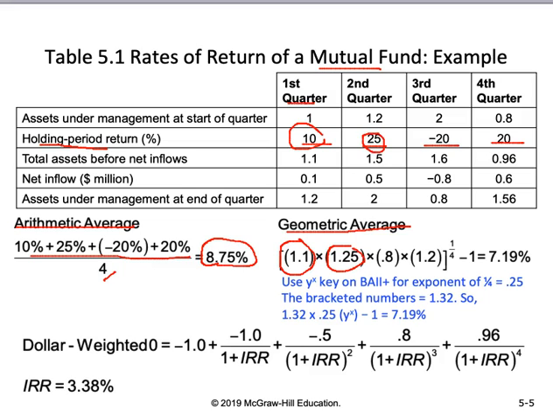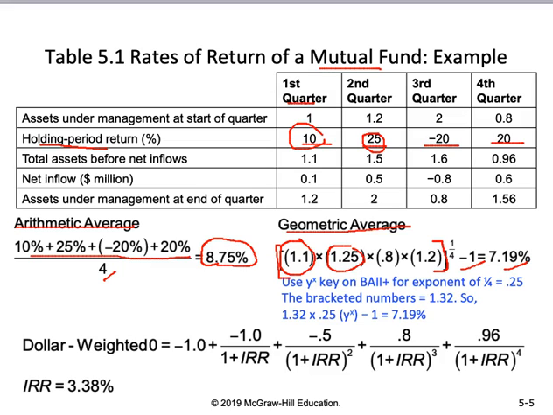You multiply the parts here that are in brackets, and then you raise it to the exponent of 1 quarter, because there are 4 observations here, and then you subtract the 1 back off, and you would get 7.19% as the geometric average return.